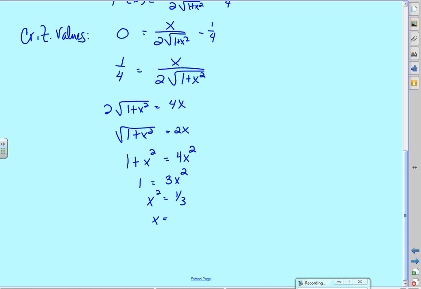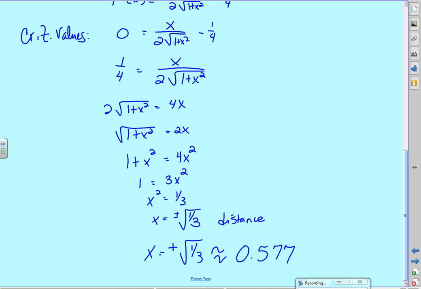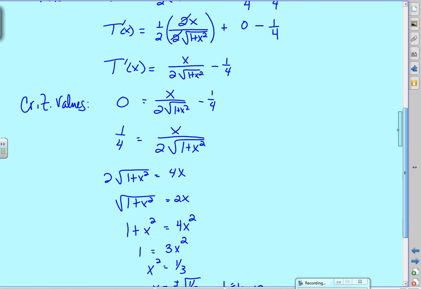X equals plus or minus the square root of 1/3. And since this is a time function or a distance function, x is a distance, we cannot have negative distance in this case, so we will just simply work with the positive square root of 1/3. And that is approximately 0.577 miles for the distance that we should target on that shoreline.